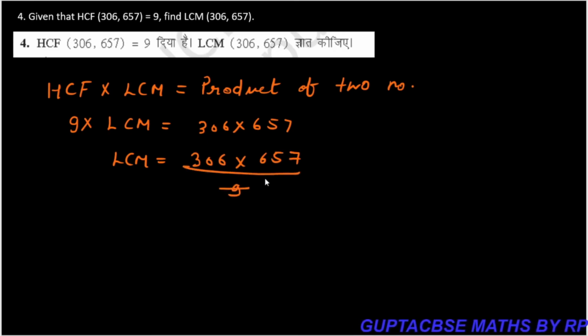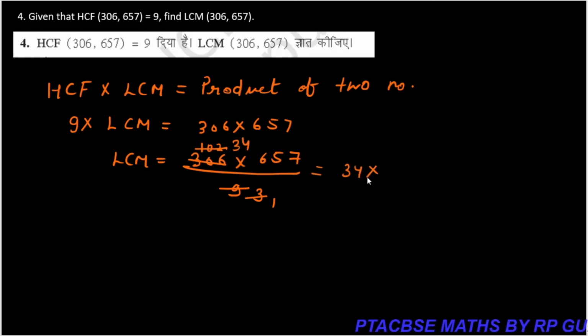So I will divide by 3. 3 threes are 9, 3 ones are 3, 0, 2, 102. Again I can divide it by 3. 3 ones are 3, 3 threes are 9, 3 fours are 12. So now 34 into 657.